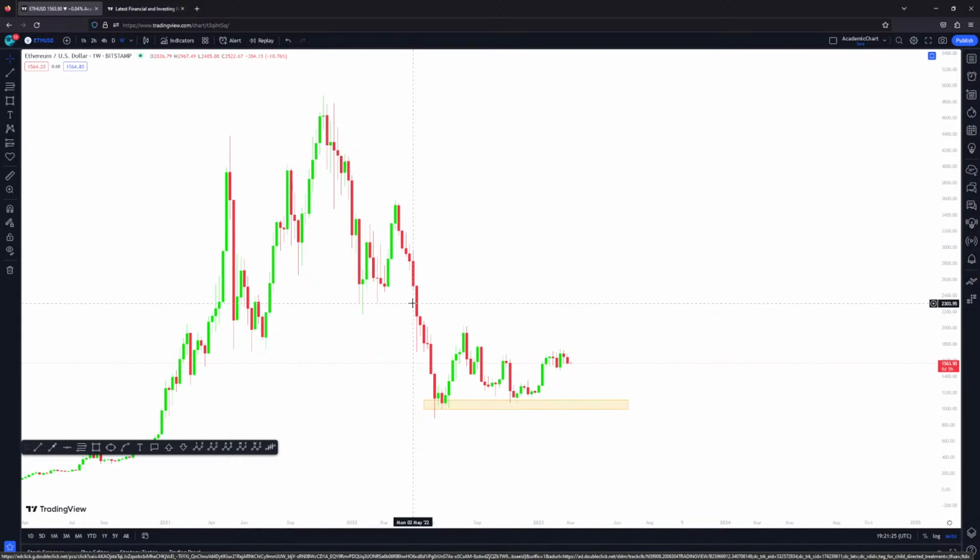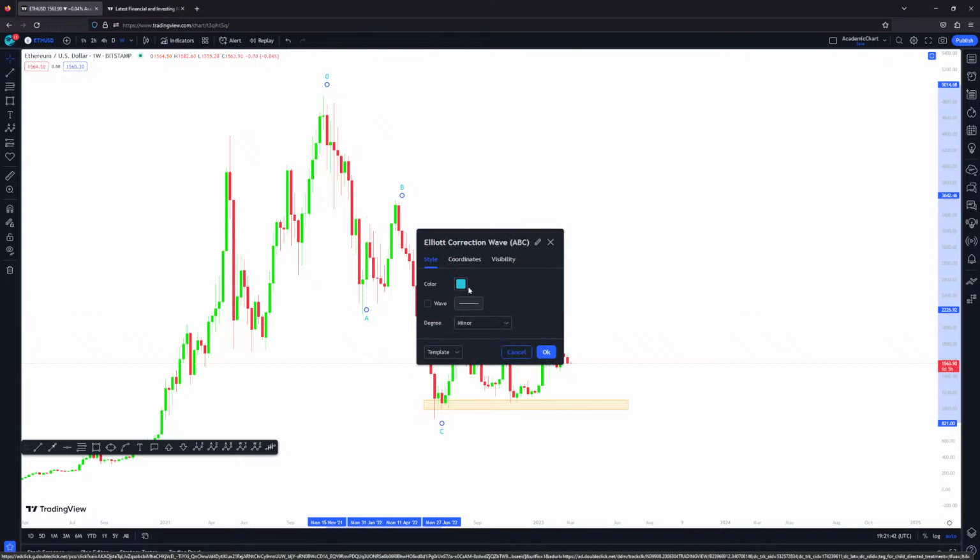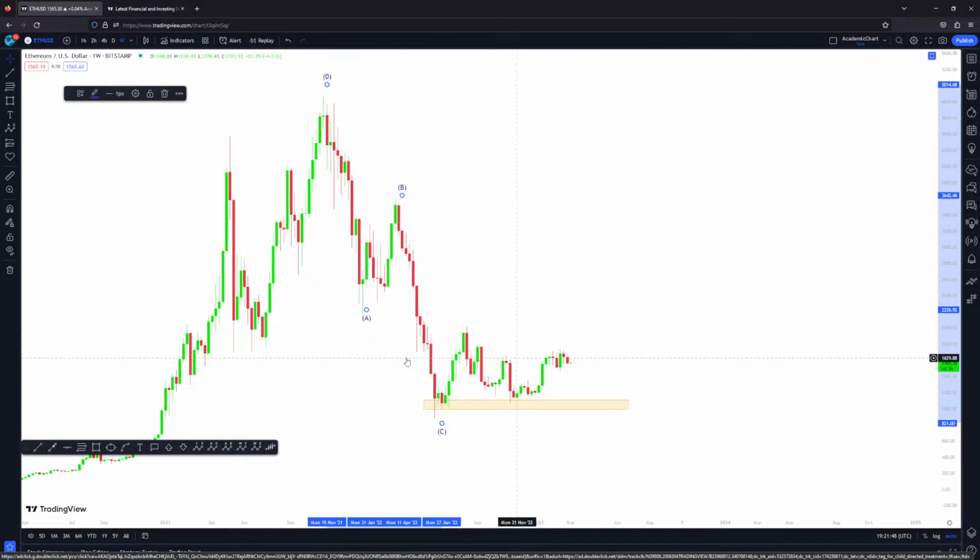And also, when we talk about corrections, we know that we have several sorts of corrections, but it seems that it was an ABC, a very regular pattern that I can just show you here. Let's make the color something more visible. Also, this is an intermediate. Okay, now it's much better.